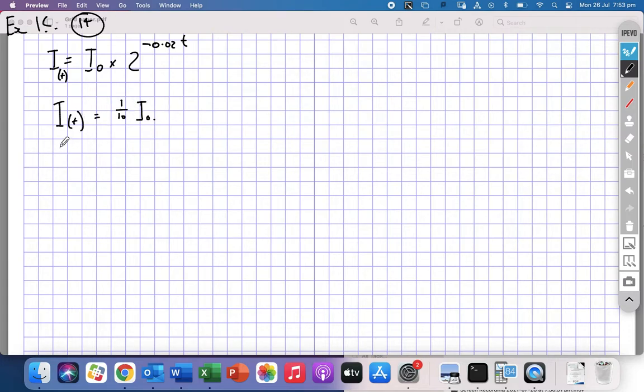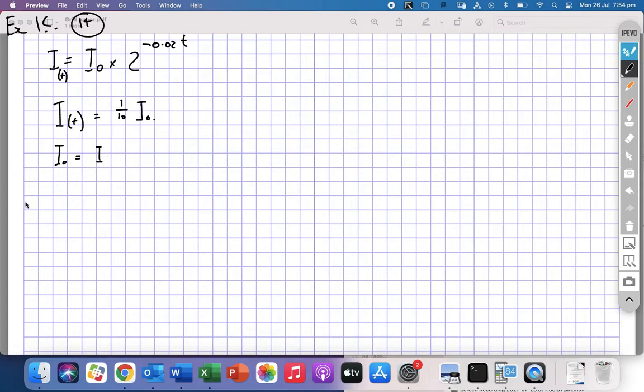I'm going to change my labels here a bit. I'm going to say the original current, I'm just going to call that I. Give it some label. We can call it X, whatever you like. And I think, well, what I really want is for this IT to be 1/10 of that.